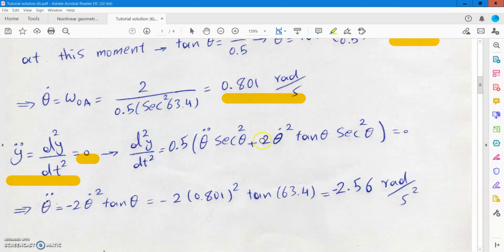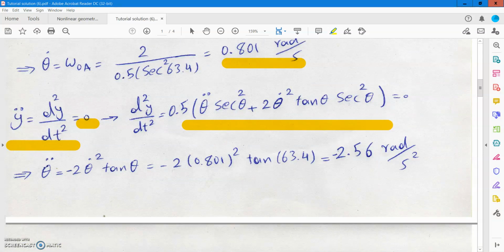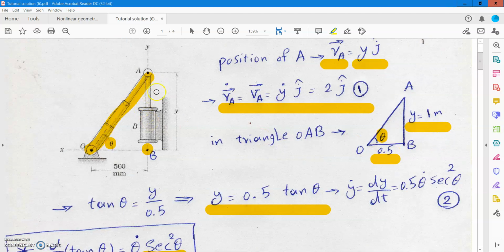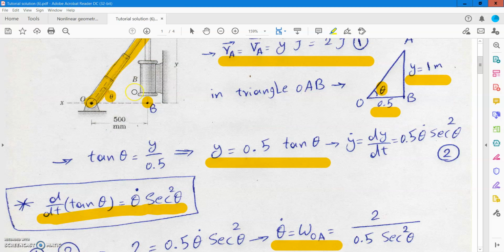If you calculate and simplify, this must be equal to 0, and from here you can easily obtain theta double dot, the angular acceleration, which is equal to minus 2.56. This is the geometry relation, as I told you. Also, you can use vector equations and vector relations to find the angular velocity and angular acceleration.